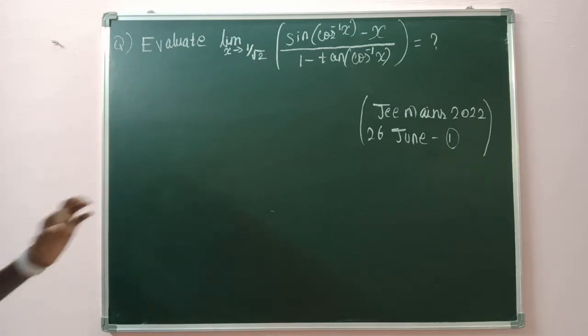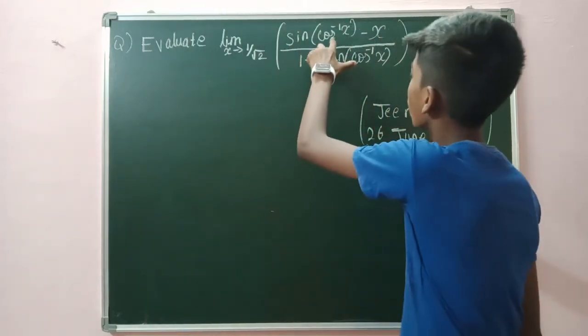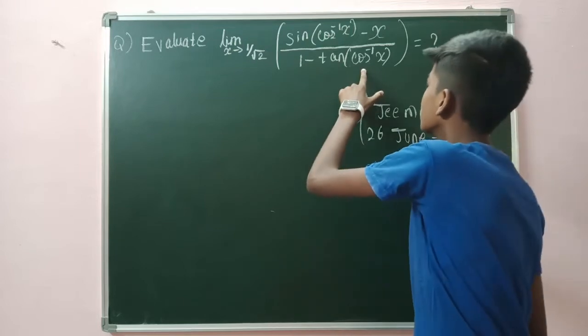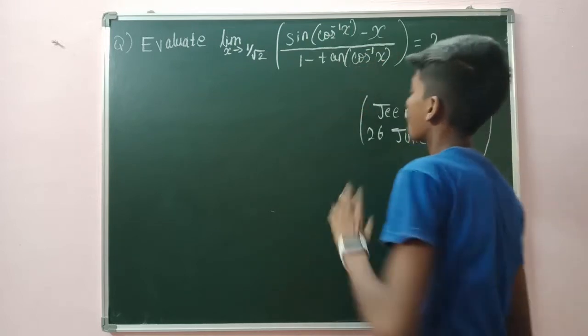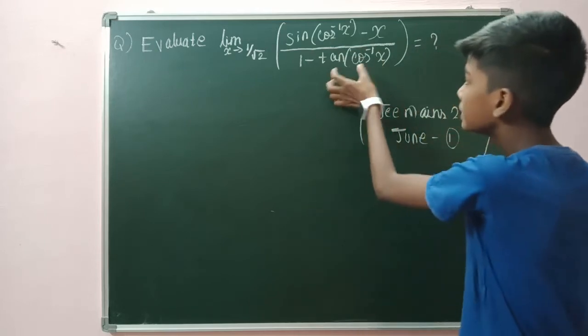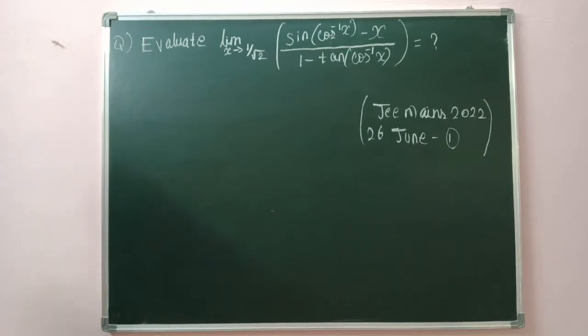That is what I am going to do here. I am going to convert this cosine inverse of x in terms of sine inverse, so that sine and sine inverse get cancelled, and I am going to convert this cosine inverse of x in terms of tan inverse, so that tan and tan inverse get cancelled. That's the main motive for us.